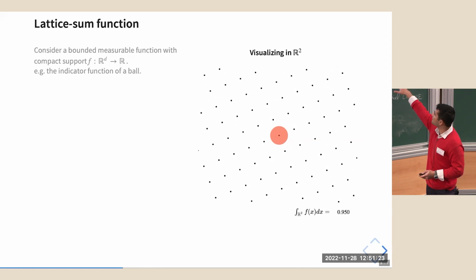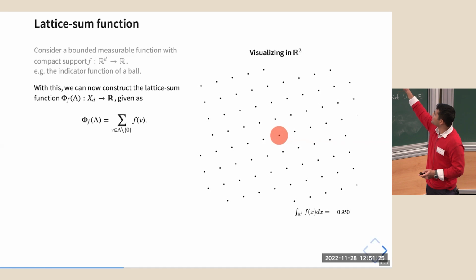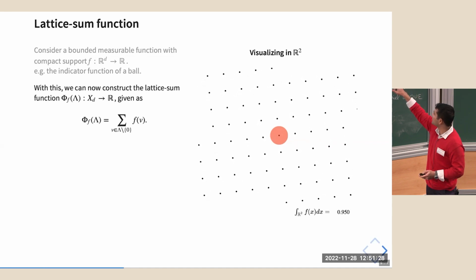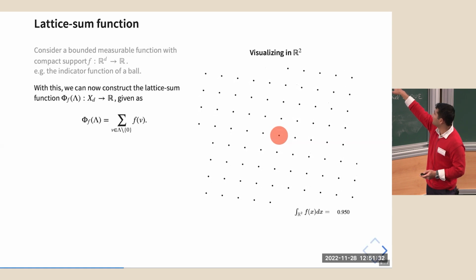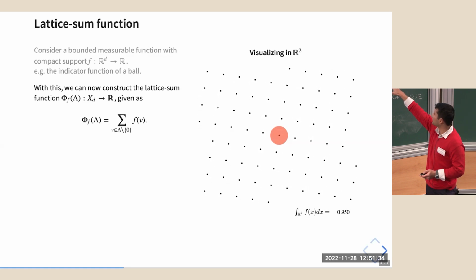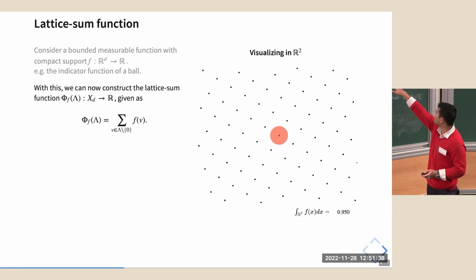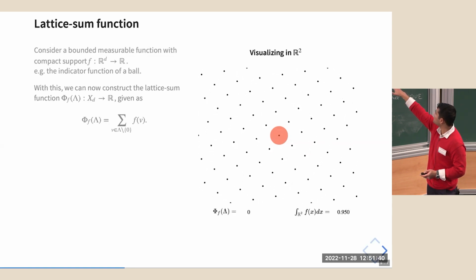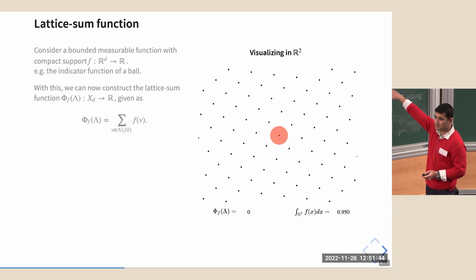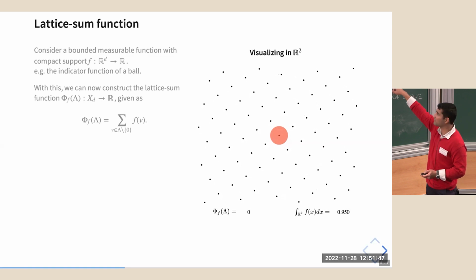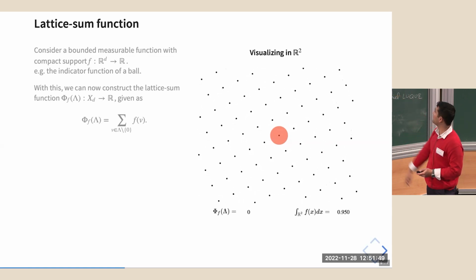Now consider the lattice sum function, which is a sum over all lattice points, and you do a sum of f of v, right? So here in this picture, the lattice sum is 0. There is the origin, but we're not counting the origin, all right?